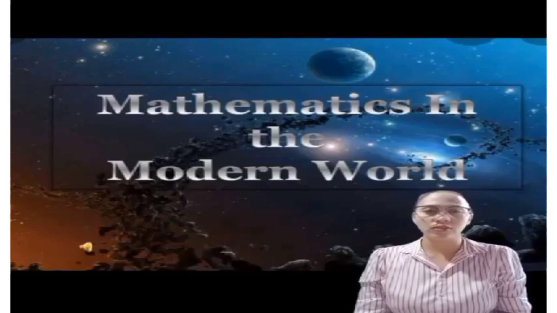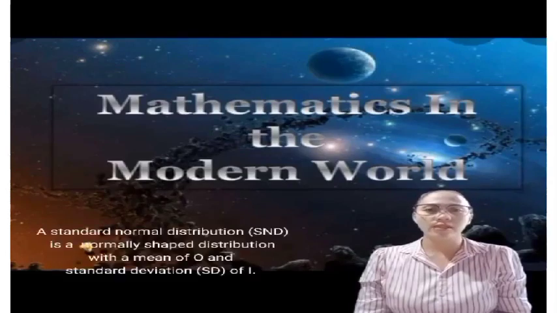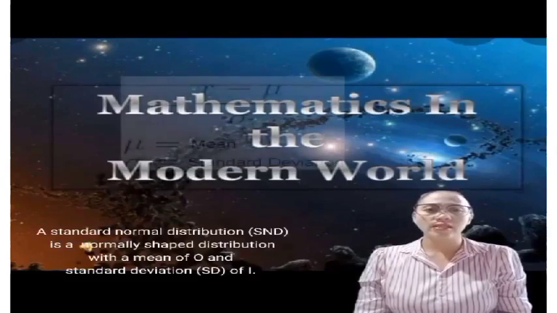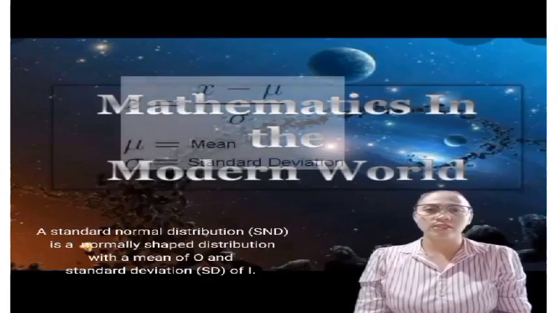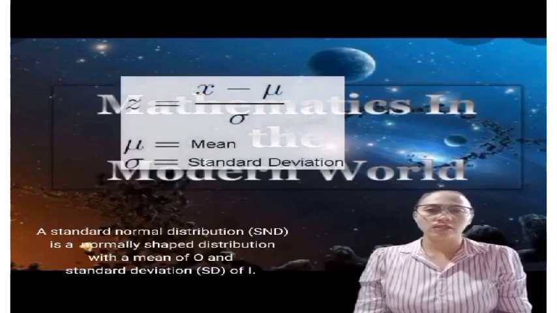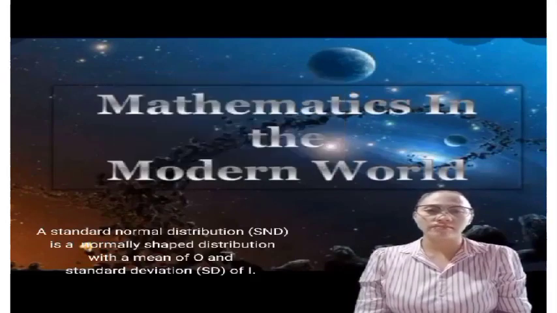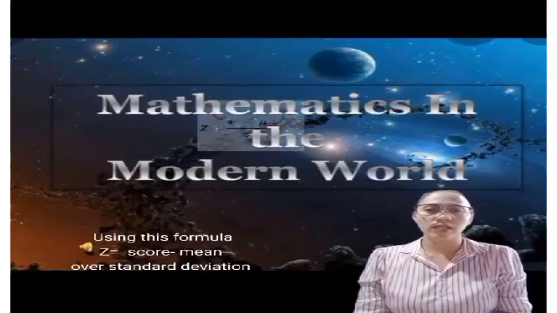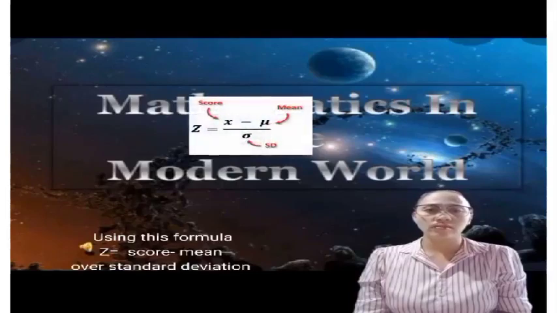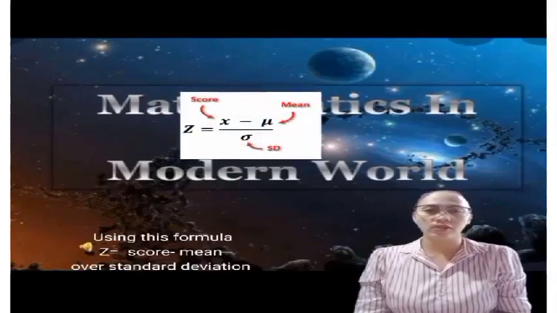It is also known as standard score because it allows comparison of scores on different kinds of variables by standardizing the distribution. A standard normal distribution, or SND, is a normal distribution with a mean of 0 and a standard deviation, or SD, of 1. Using this formula, Z is equal to the raw score minus the mean over the standard deviation.